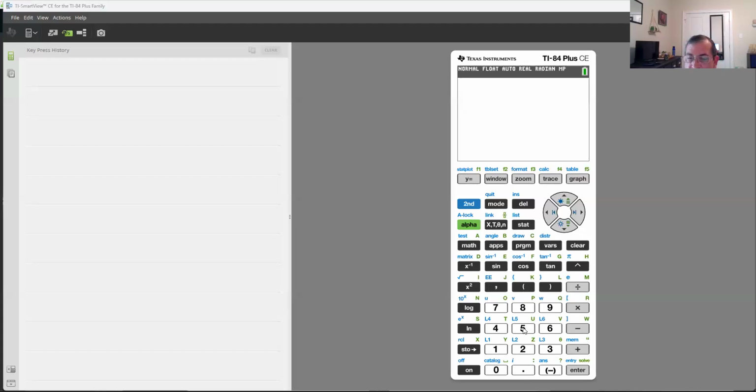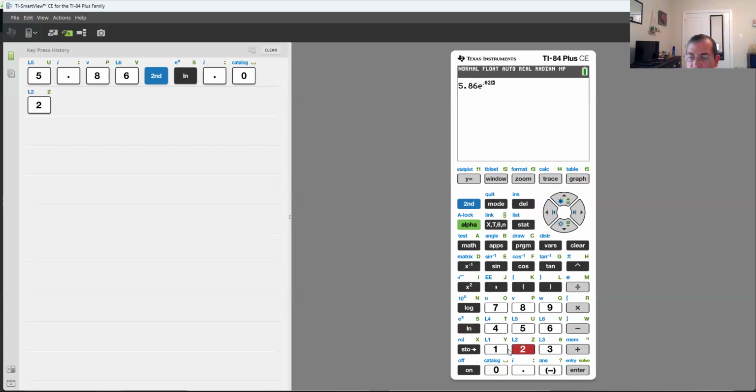And we had 5.86. Now, since my E has an exponent, I'm going to use the second ln to get that E with the exponent there and punch in 0.0212 times my 6 years.